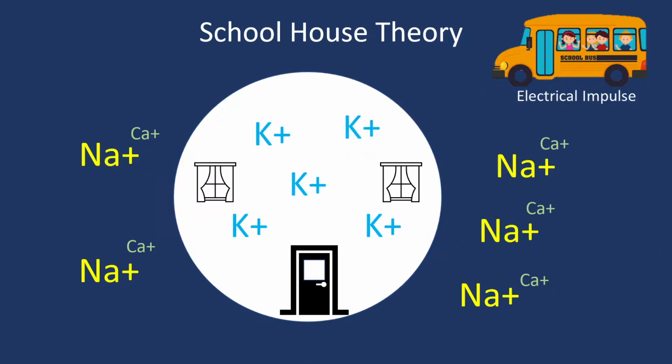Once the majority of the potassium is inside the cell, the school bus driver needs to come to the school and tell sodium to move into the schoolhouse, and then tell potassium to come out of the schoolhouse. I hope that makes sense. And that's your electrical impulse. All right, so I hope that makes sense. I hope it helps. Maybe it does.